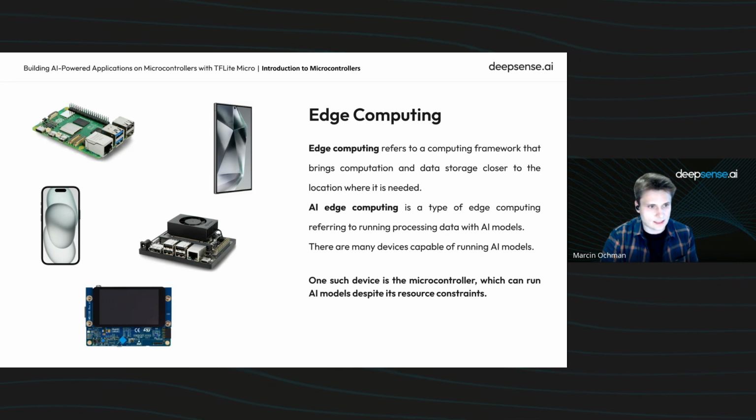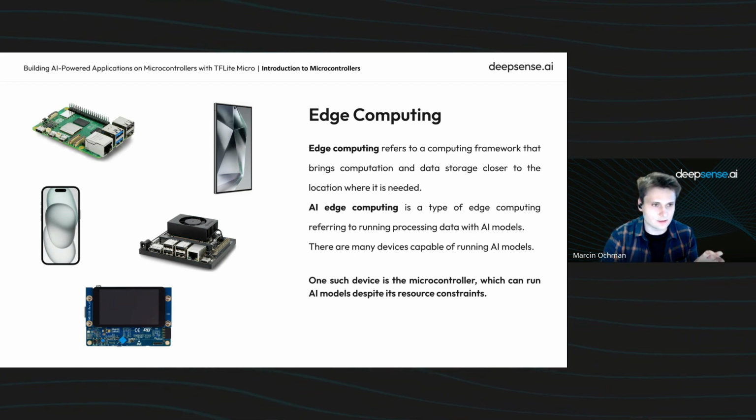There are many examples of edge devices, and one of them is microcontroller. And I think that microcontrollers is a perfect example of edge computing because it is highly constrained device.